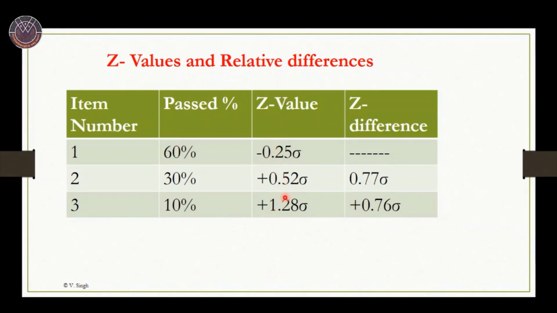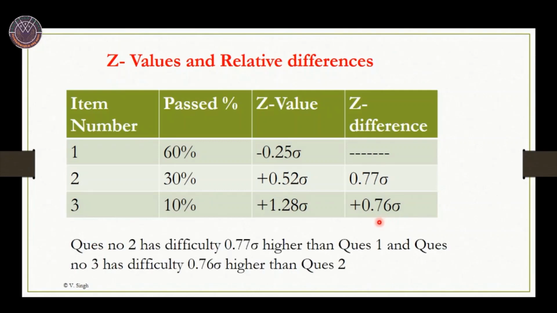Now if we compare, we know that question number 2 is more difficult than question number 1. If we subtract this one from this one, we get 0.77 sigma. Similarly, question number 3 is the most difficult one. If we subtract this one from this one, we get this value. So we can say that question number 2 has difficulty 0.77 sigma higher than question number 1.